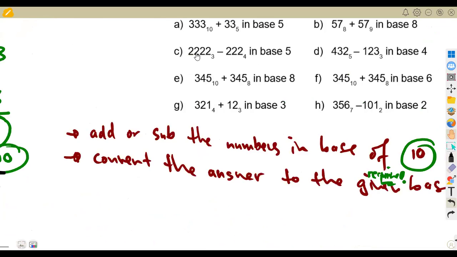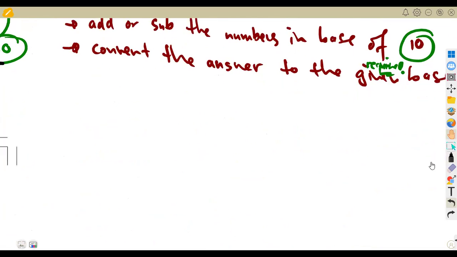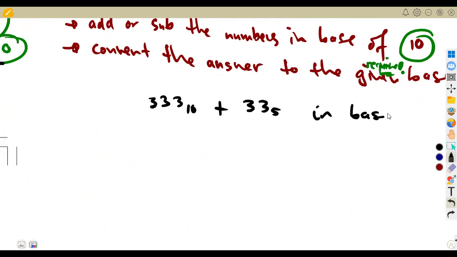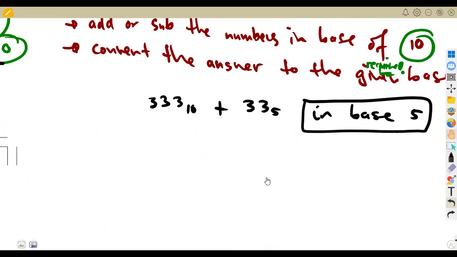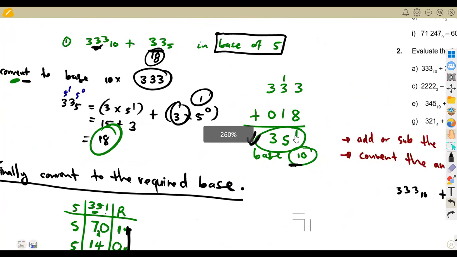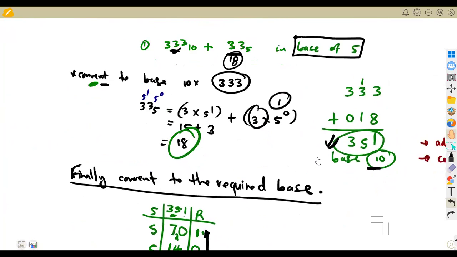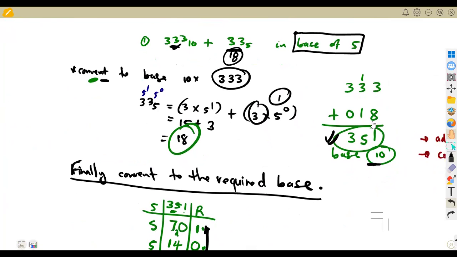Let's just work it out here so that we can see. 333 base 10 plus 3 base 5. Remember, they want the answer to be in base 5. We have the answer here from this method, where we convert our numbers to be in base 10, then we add the numbers in base 10 because we are used to base 10.